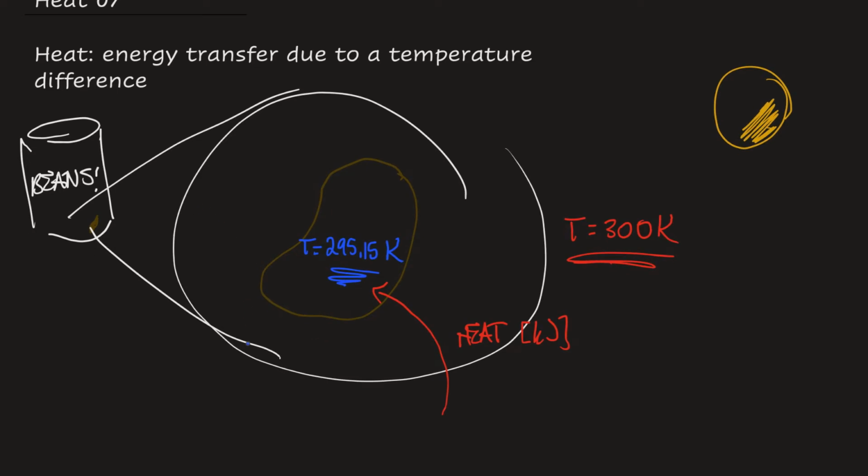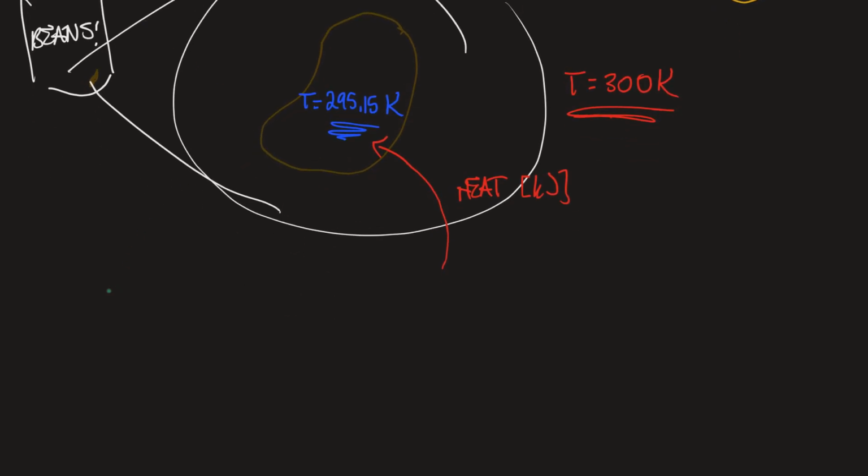And this is described by an equation. So we always talk about heat transfer. This dot represents the derivative with respect to time. So over time, heat transferred is equal to some constant, which depends on the specific properties of whatever you're looking at. Because we're just looking at a bean, we won't focus too much on it, but it's just a constant.